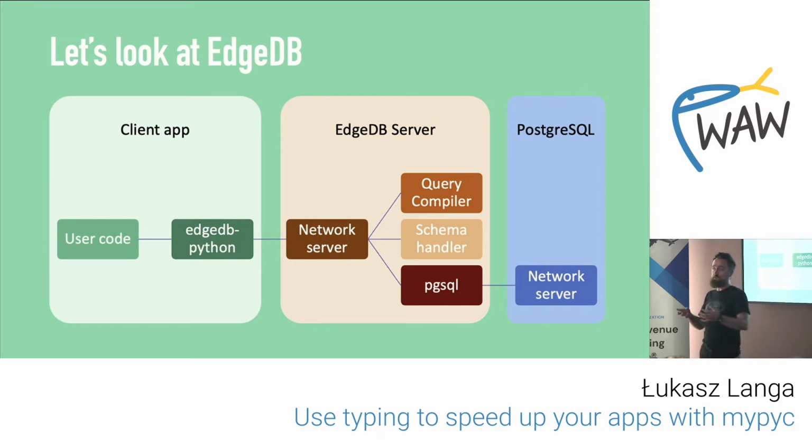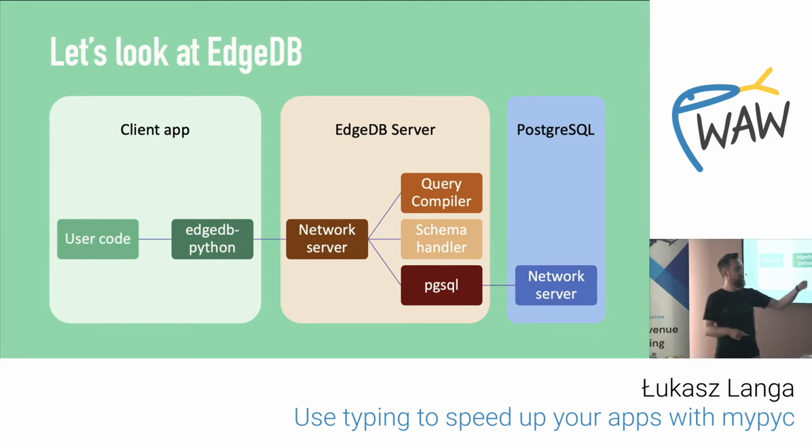But the data layer, the disk block layer, is handled by Postgres, because it's kind of silly in 2022 to rewrite all this knowledge that Postgres has. So EdgeDB is a graph database based on set logic on top of PostgreSQL.